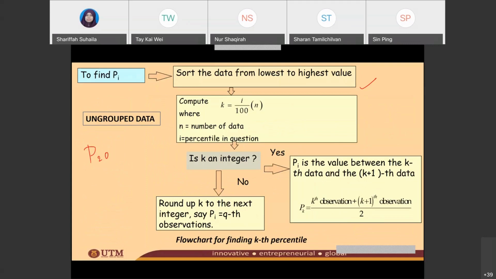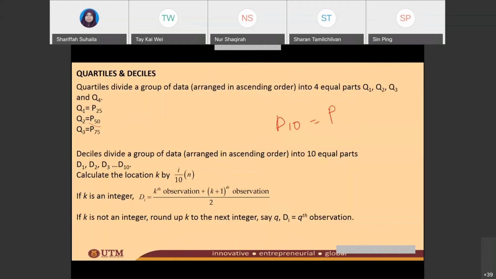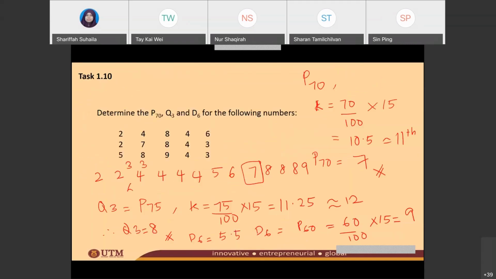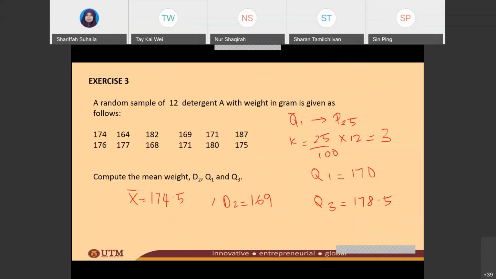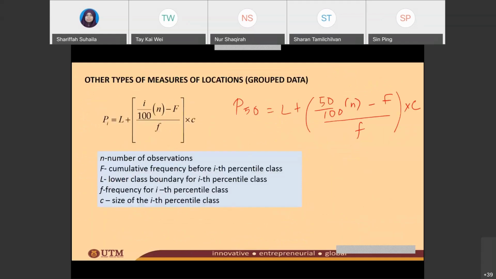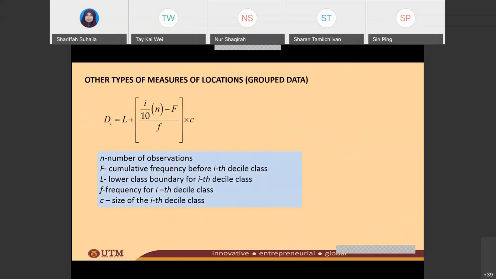If yes, just take the average. If not, round to the nearest value. So based on that location, what is the value? The same thing for quartile and decile. And then for grouped data, the formula is given, but you need to know what it means, capital F, small f, and so on. I think the rest is correct.